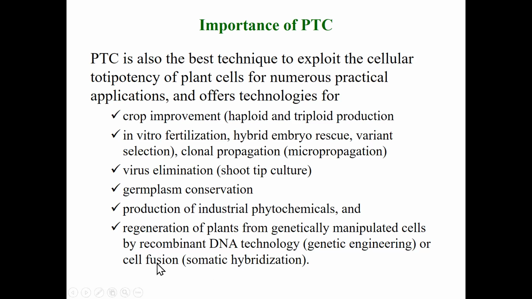Another point is cell fusion. I told you after removing the cell wall, the membrane-bound plant cell is called protoplast. You can fuse two protoplasts and make the hybrid if they contain different traits, and then you can culture and get the hybrid plant through micropropagation.